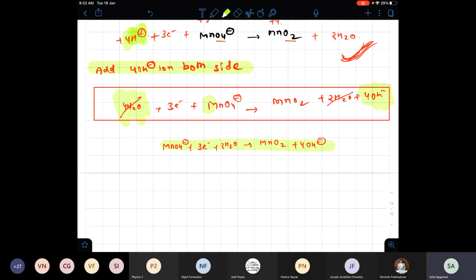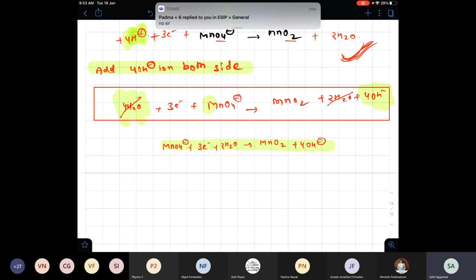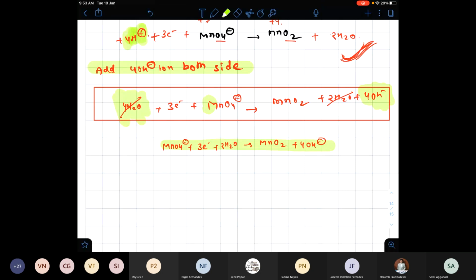At last, 4 water will get cancelled by 2 water. Any doubt to anyone in this? First, balance in acidic medium. Then add OH minus ions on both the sides. Understood.